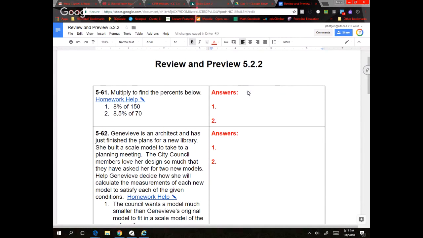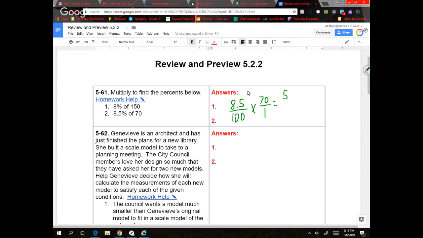The second one, 8.5. This one gets a little trickier because I'm going to leave it as 8.5 out of 100 because, again, a percent is always out of 100. Then I'm going to times that by 70 over 1 because I can write a whole number as a fraction that's over 1.